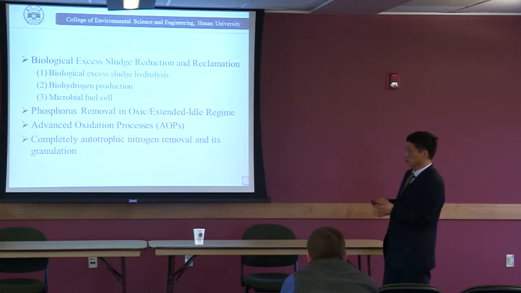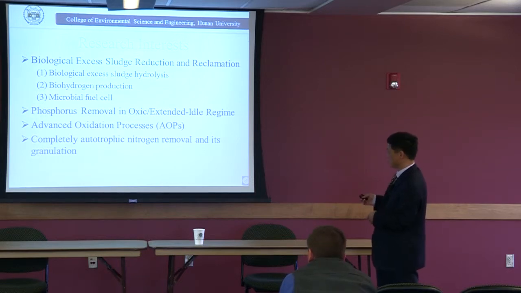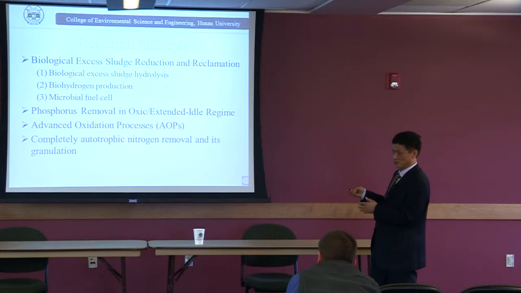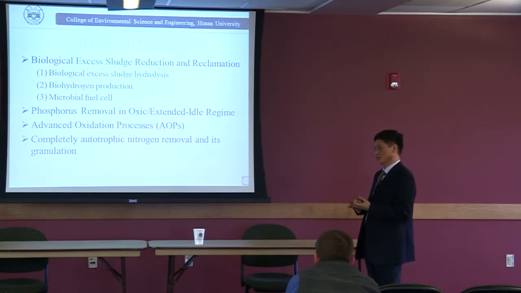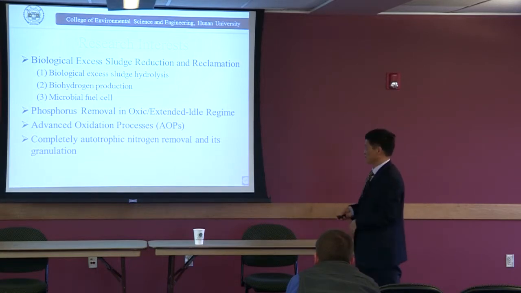We do research work on biological excess sludge reduction and reclamation. That means we try to use the excess sludge. First, we use a biological method to hydrolyze the sludge, which means the bacteria are broken and release their contents, and then we reuse these contents as nutrients for other bacteria.